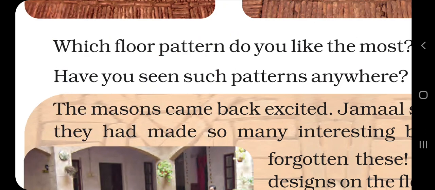If you have seen such patterns, then the answer is yes, and you also write where you have seen them. If you don't see this type of patterns, then the answer should be no. Now, write these two answers and show me. Okay.